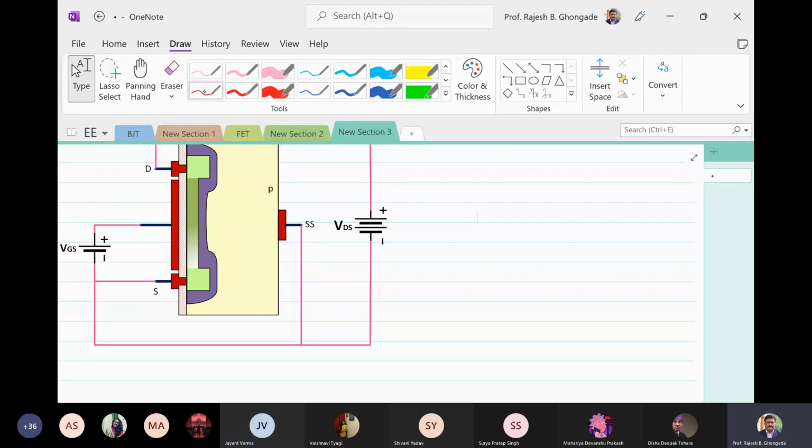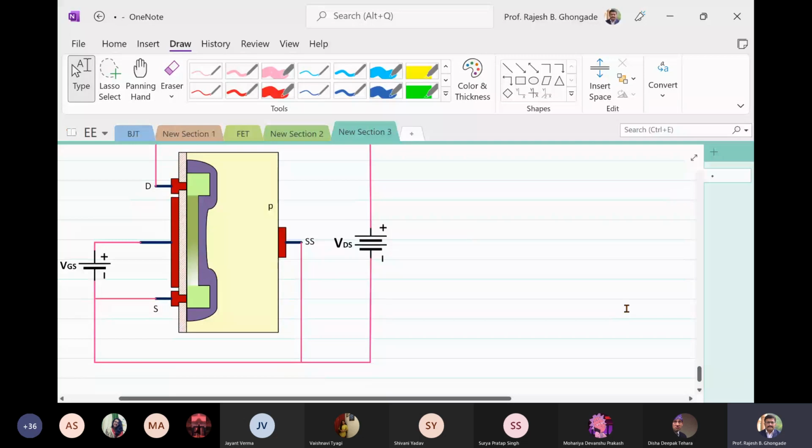So whenever we have a junction, whenever we have a metallurgical connection, we have a depletion layer formed at the junction. The violet colored layer is the depletion region. So the depletion region will surround this particular structure.